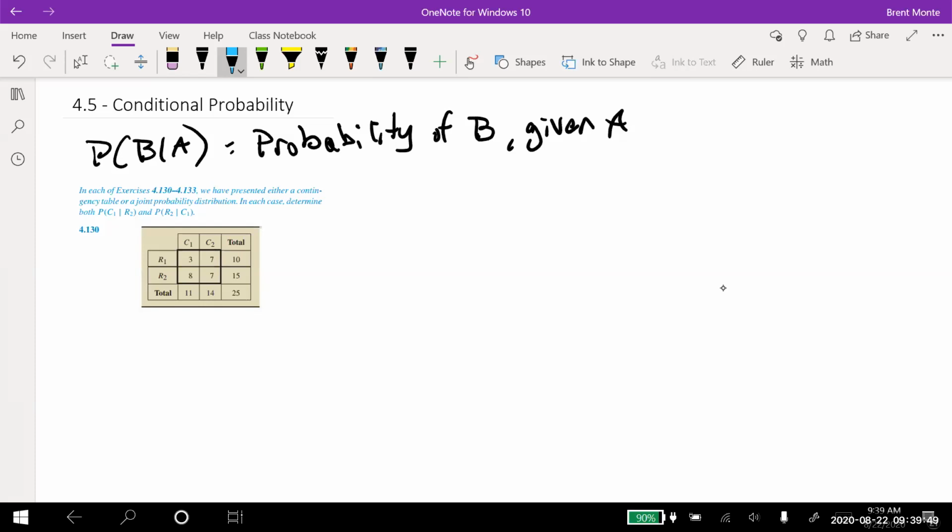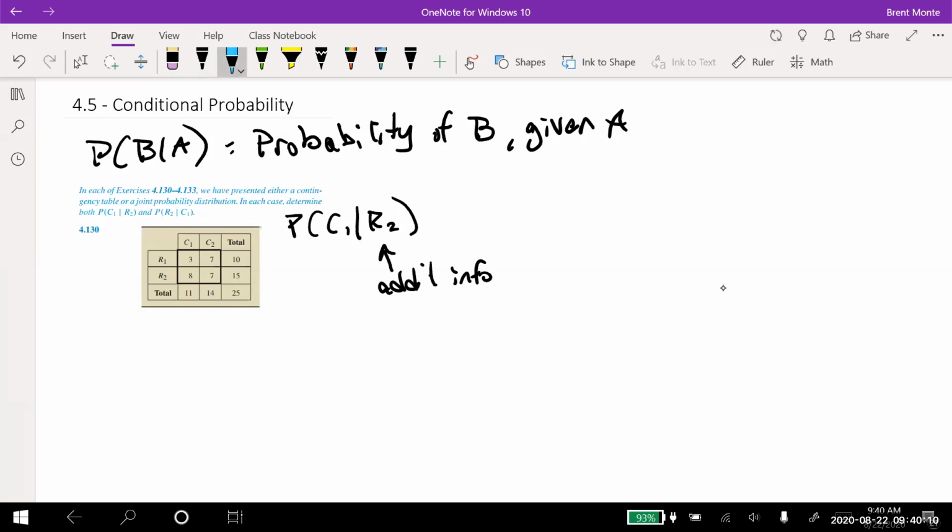Okay, so let's find these. Let's start off with the probability of C1 given R2. Now, here's what that means. That R2 is the additional info. In other words, we know R2 happened.